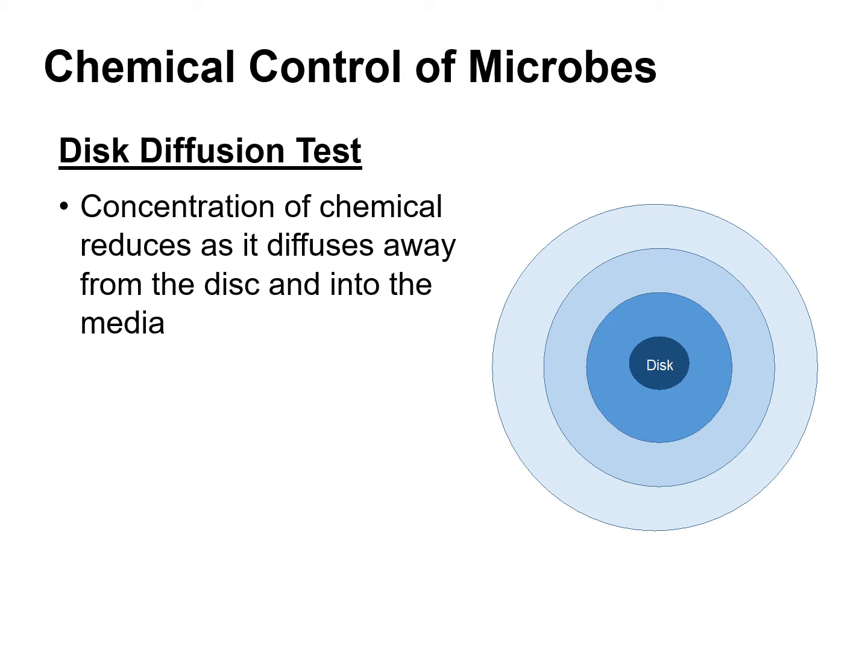So as this chemical right here diffuses out onto the media, you can see, with the colors, the color is fading, and that would mean that the concentration of that chemical is actually reducing as it moves away.